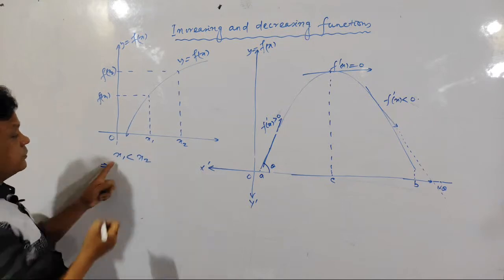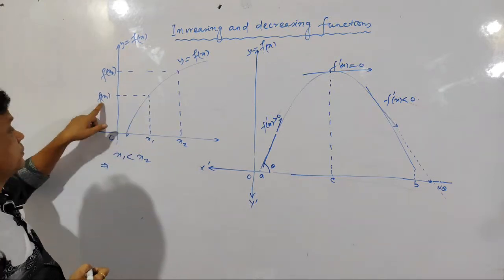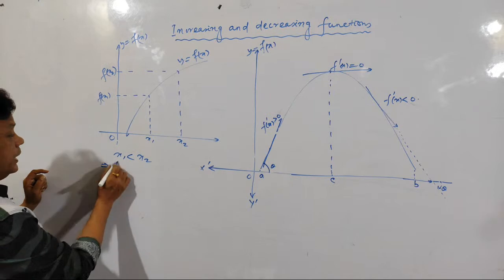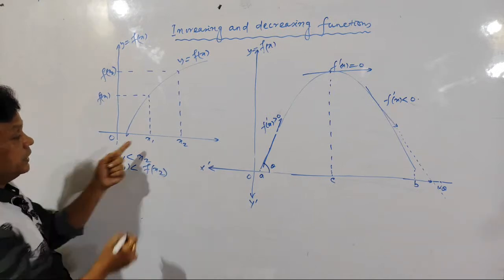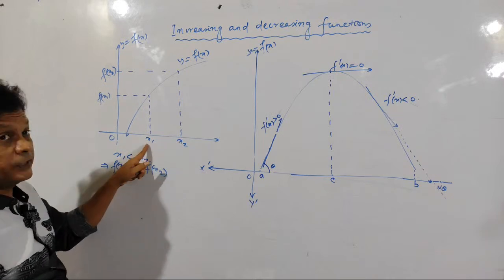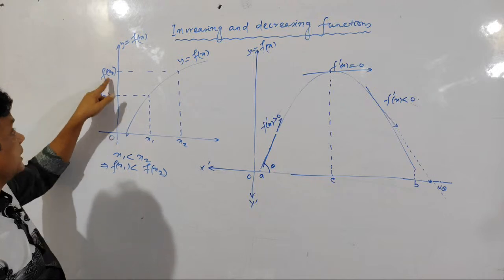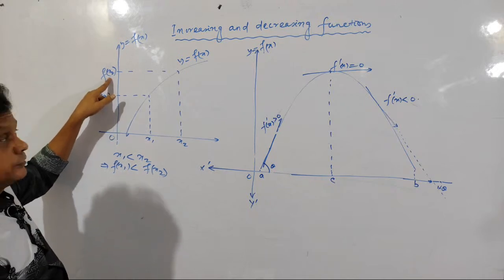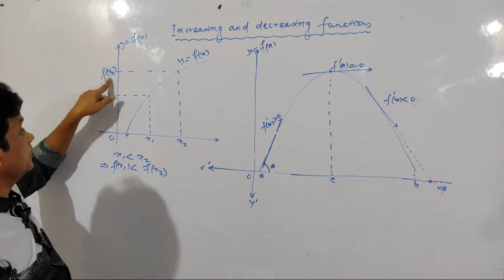If x1 is less than x2, then the functional value of x1 is f of x1. So f of x1 is less than f of x2. Here x1 is less than x2, and f of x1 is less than f of x2. Clear? Because f of x1 is below f of x2, so this should be less than f of x2.